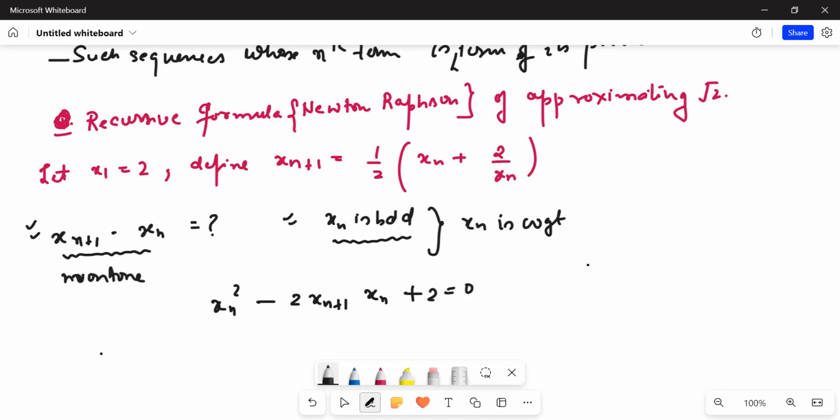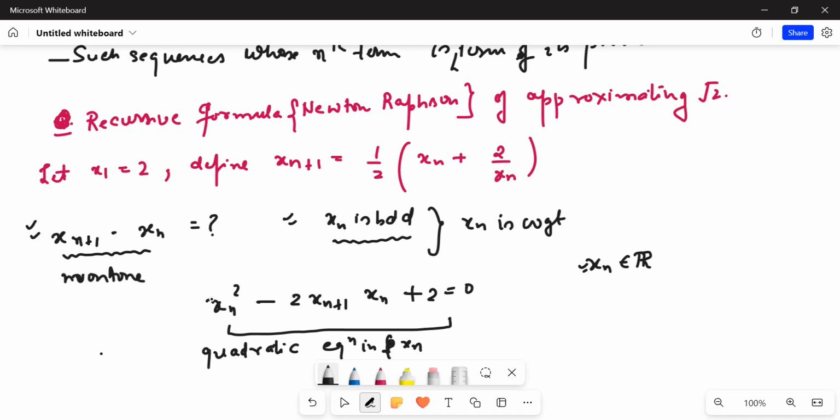Clearly, xn is a real sequence, so xn belongs to R. You can see that this is a quadratic equation in xn: xn square minus (2 xn+1) times xn plus 2.